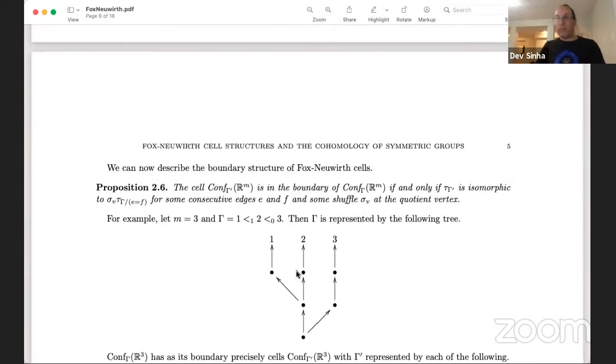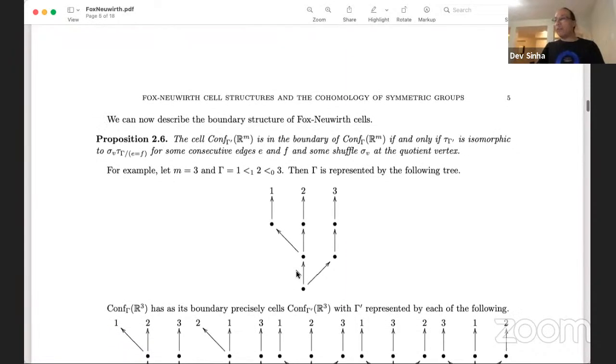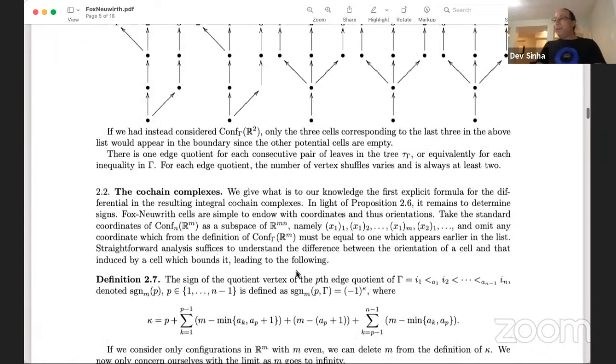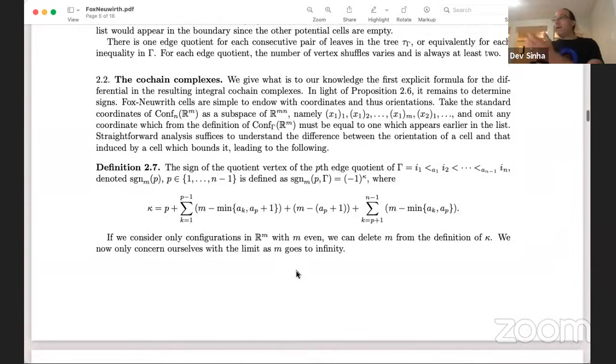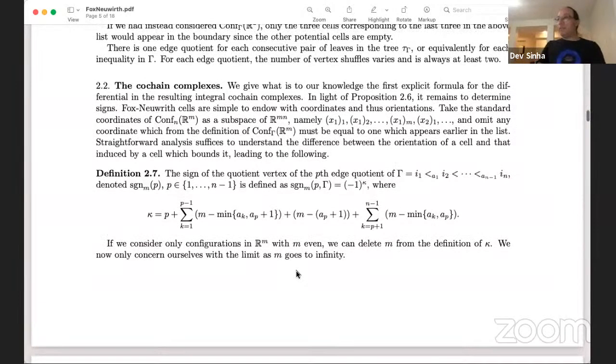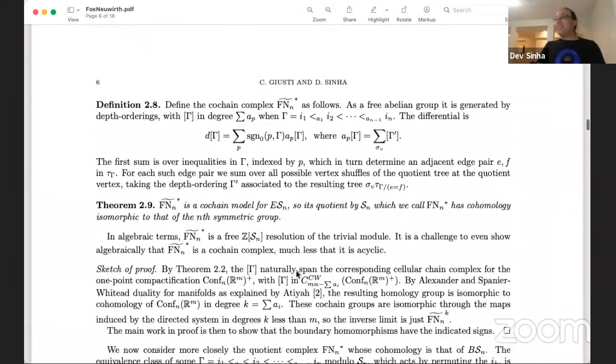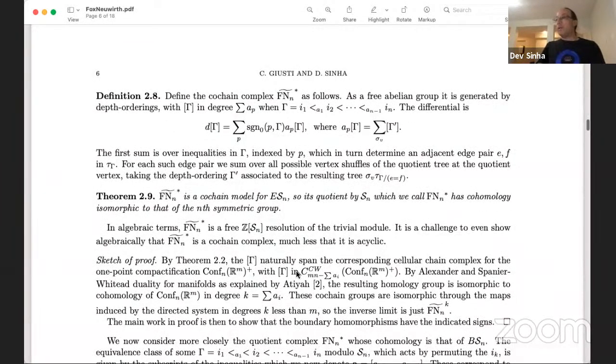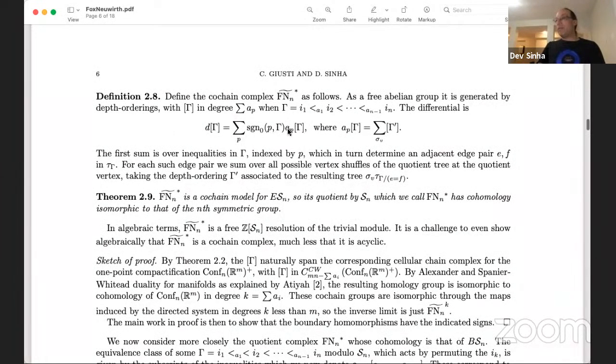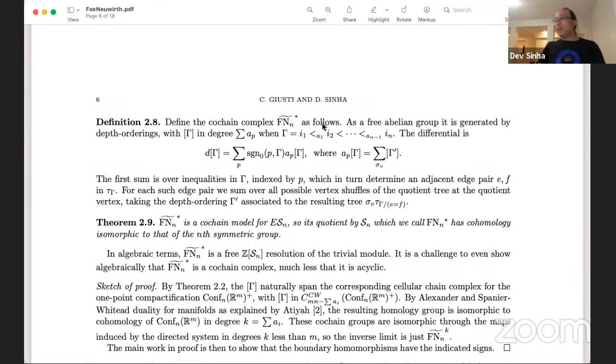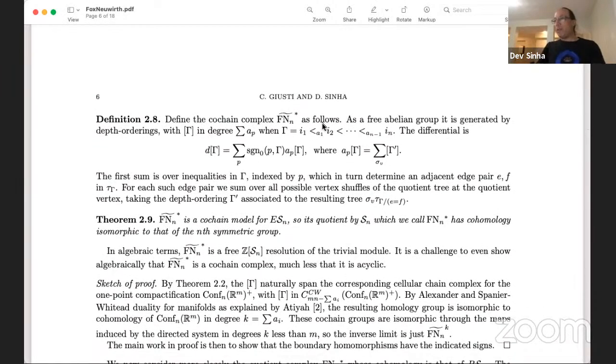So we set this up slightly differently, and we use Alexander duality. And we work out signs, and we work out the differential. So there is this differential in full detail, and we give a sketch of the proof just using Alexander duality.